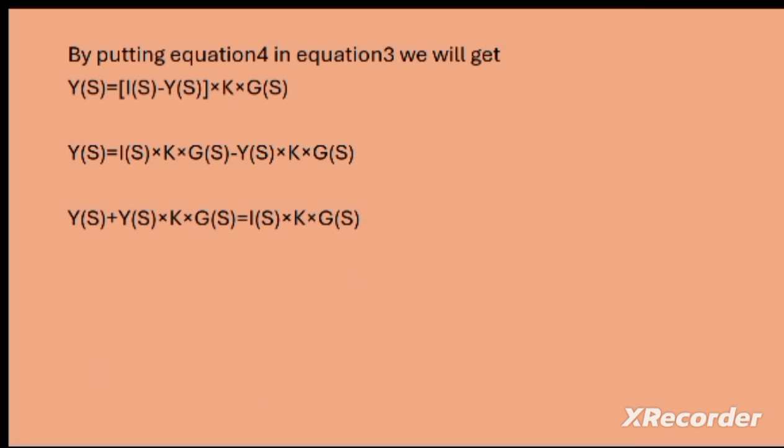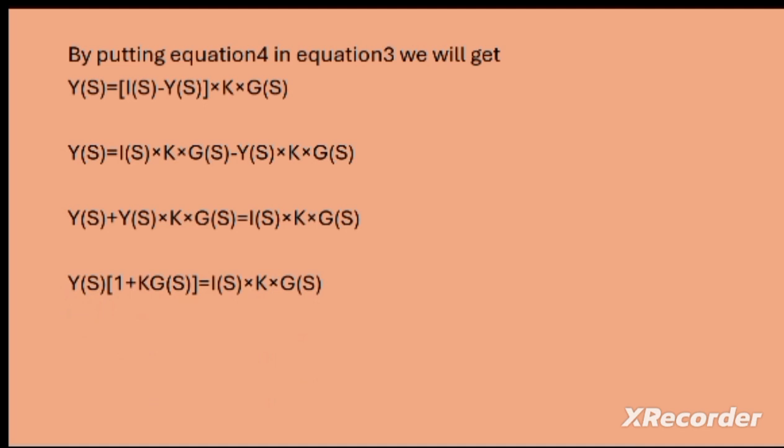Now I can see that Y of S multiplied by K multiplied by G of S is being subtracted on the right hand side. So when I move it towards the left hand side, it will be added with Y of S. So I will get Y of S plus Y of S multiplied by K multiplied by G of S equals I of S multiplied by K multiplied by G of S. So I can take Y of S as common from the terms on the left hand side.